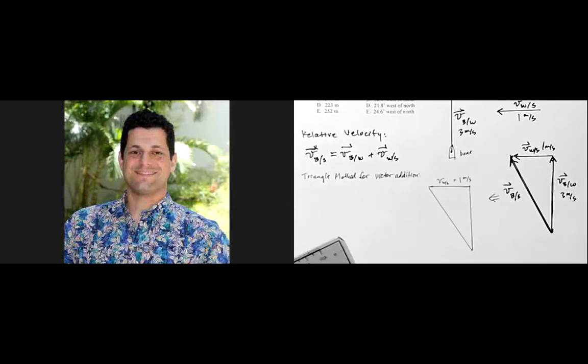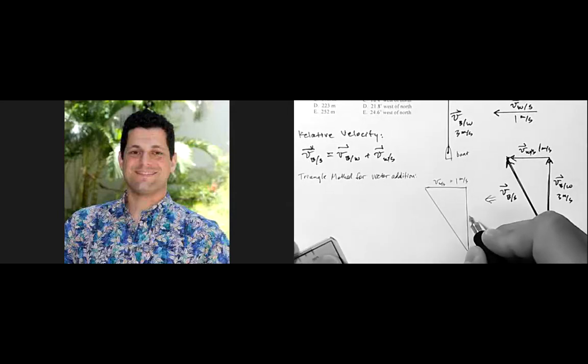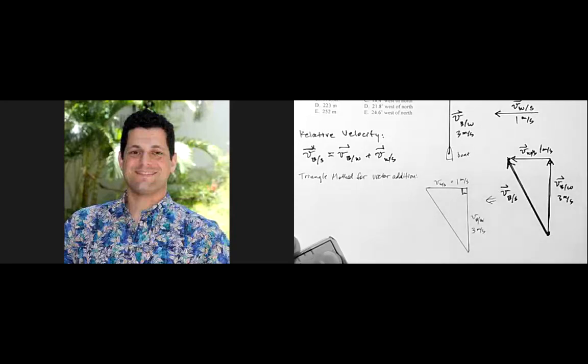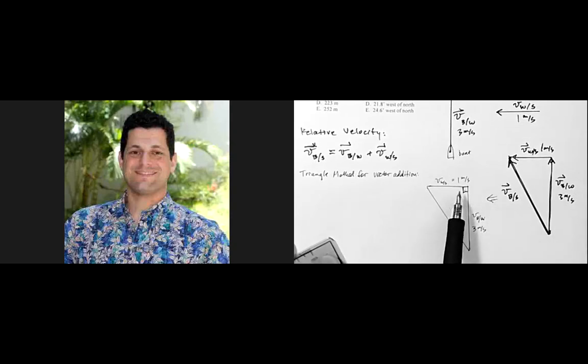These are velocities, right? They're not distances, just to be clear. And then this is the velocity of the boat with respect to the water. And this side has a length of 3 meters per second. And I know that's a right triangle, that's a right angle there, because this is due west and that is due north. Okay. So what do I want to find?